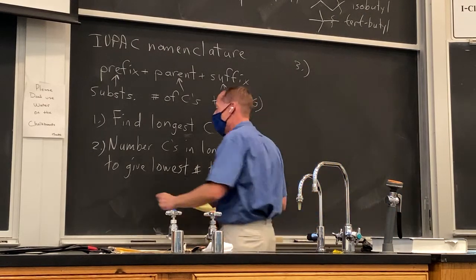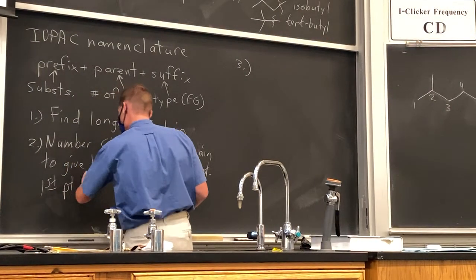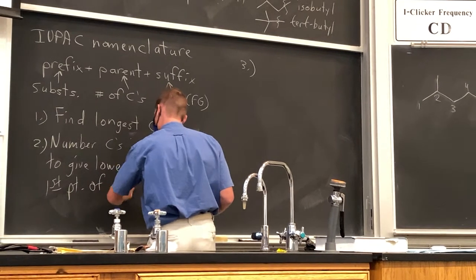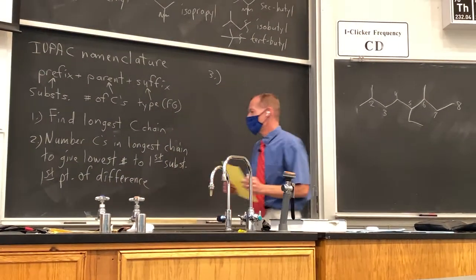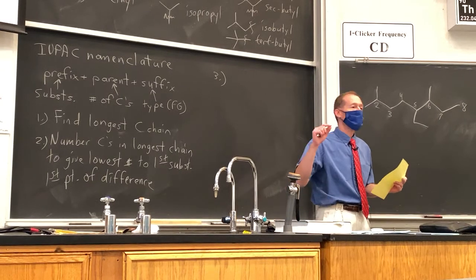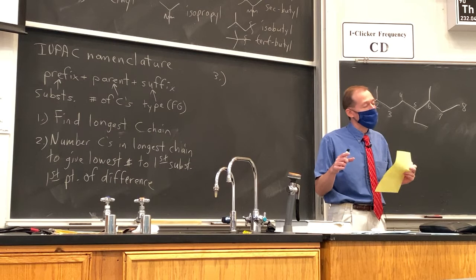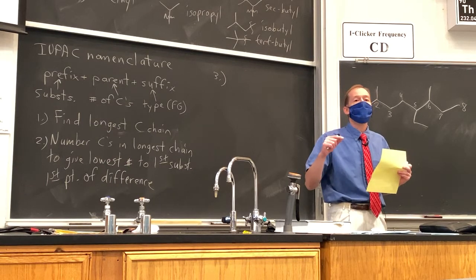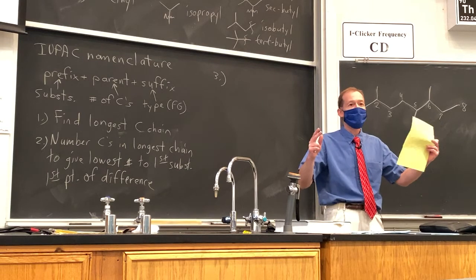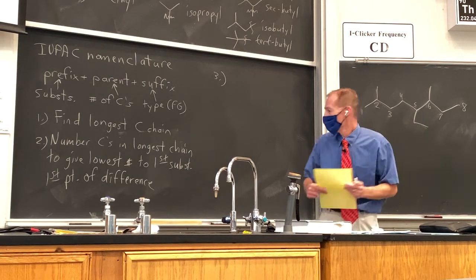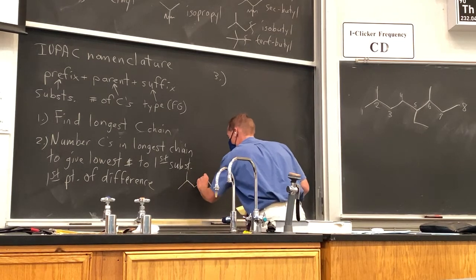If there's a tie, you apply something that is called the first point of difference. So that means that you would number the chain from the direction that gives you the lowest number to the second substituent you encounter, right? So if it's the same for the first in either direction, we'll show you an example of first point of difference.